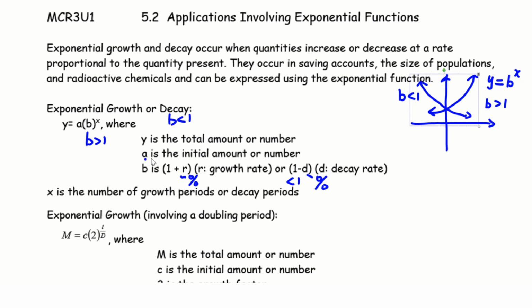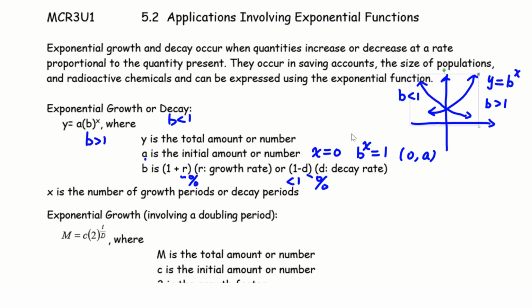And a is the initial value, because when x equals 0, you will have b to the exponent x equals 1. So y equals a, that is the point (0, a) on the y-axis. So that is the y-intercept, the initial value.